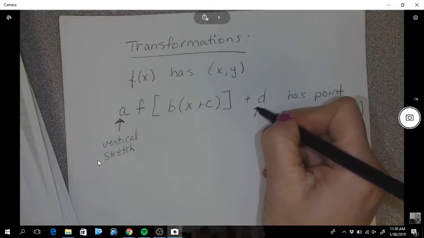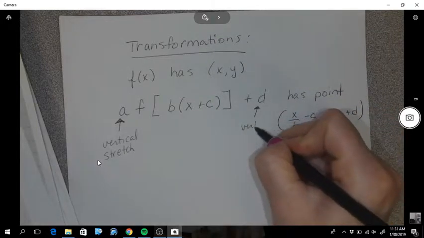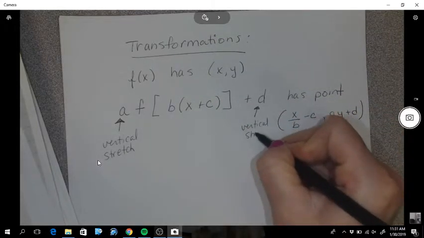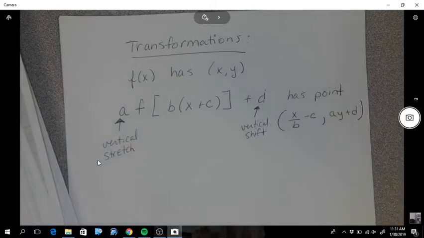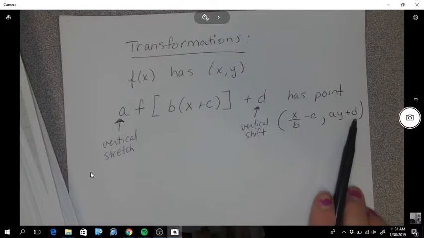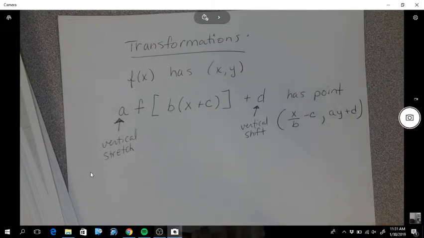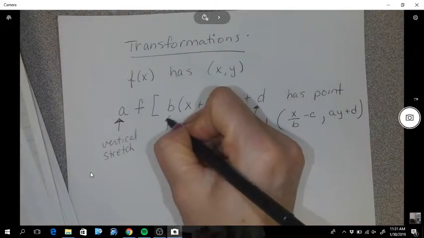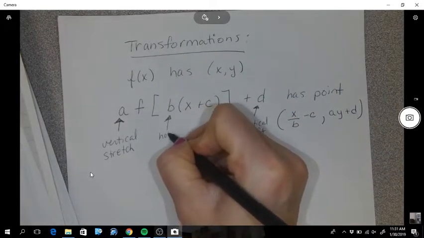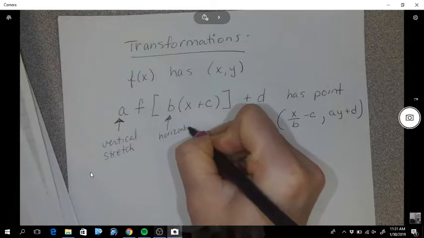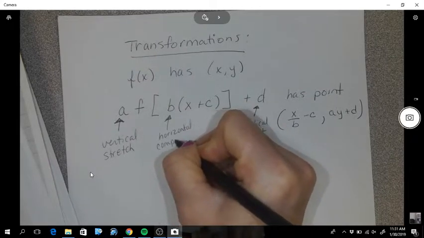And d is a vertical shift. So it would move your points up or down. So therefore, if it's plus d, it will shift up d amount. B is a horizontal compression.